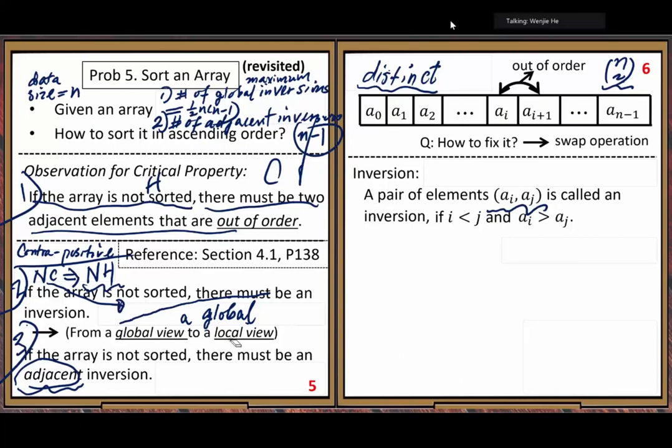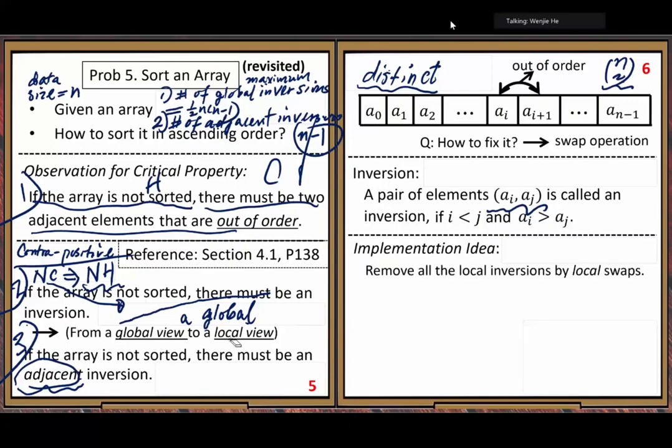So let me complete the implementation idea: remove all the local inversions by local swaps. This local is the most local way, adjacent. Adjacent is the most local way we can think of.